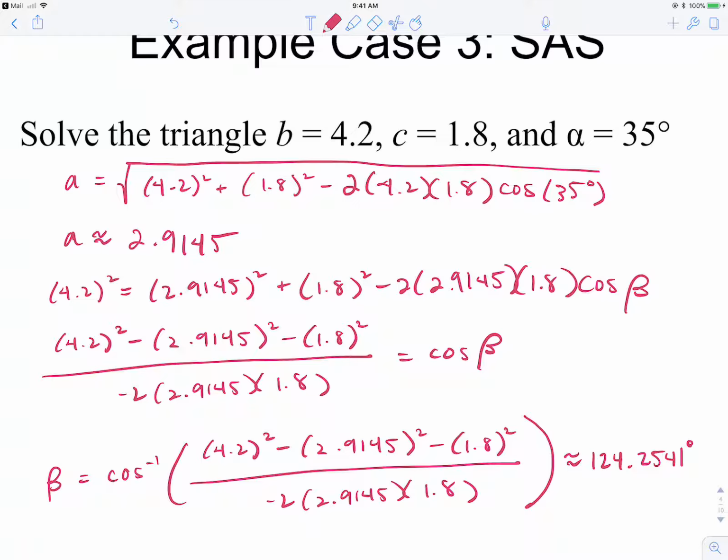We have alpha and beta, so we can find gamma using the fact that the angles should sum to 180 degrees. It will be an approximation.